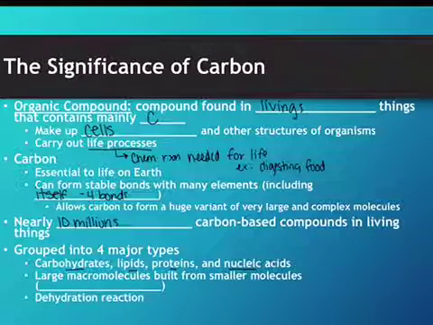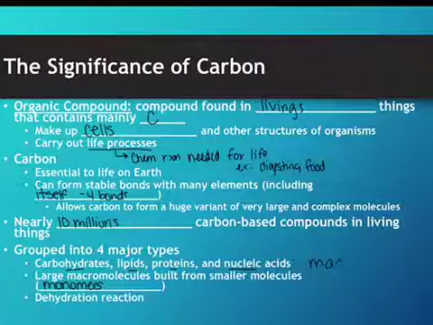And so many of these you've probably heard even in advertising, like a low-carb diet or high-protein diet. And so these large macromolecules are built from smaller molecules that we call monomers. And remember, macro means large or big.